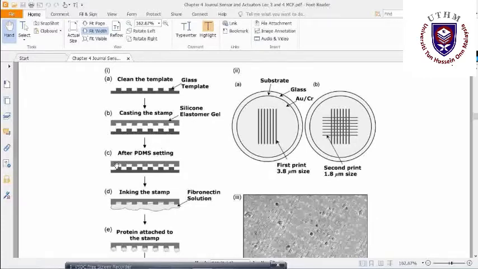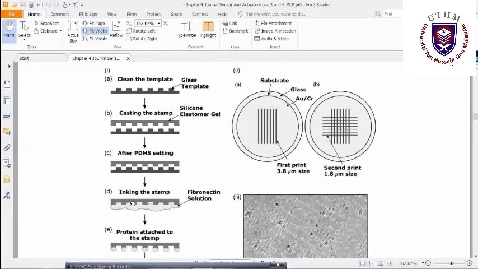After a day, like overnight, you can peel off the PDMS stamp. Now you have the stamp, so you can produce it according to your requirements for studies. For example, here we use 1.8 and 3.8 micrometer, that means 3.8 in this direction, a bit thicker prints, and 1.8 in another direction.